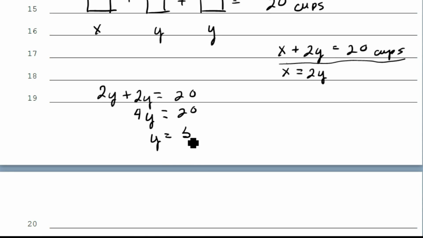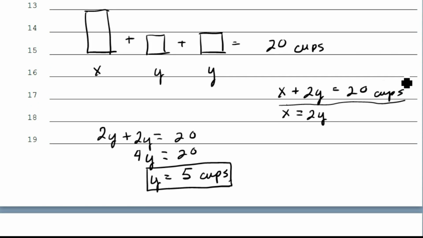Get y equals 5 cups. And that's the size of the 2 smaller ones. Each of the 2 smaller ones is 5 cups. And the larger one is twice the size of the smaller ones. So the larger one, x, equals 10 cups.